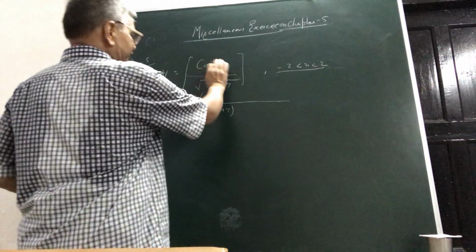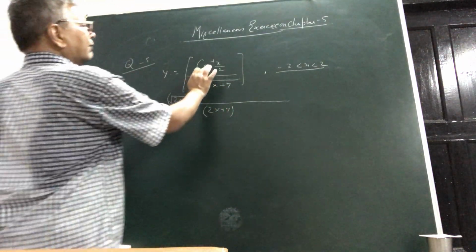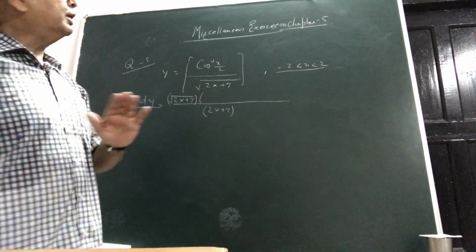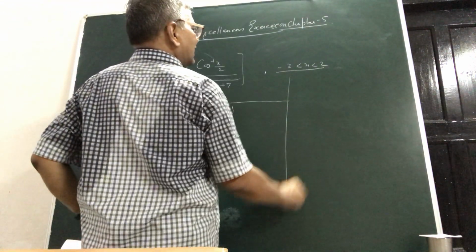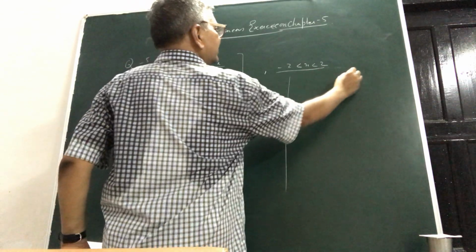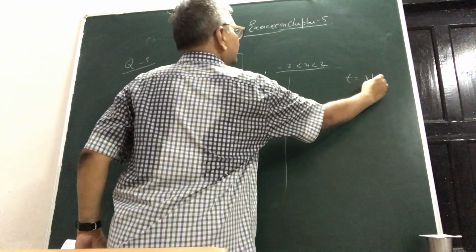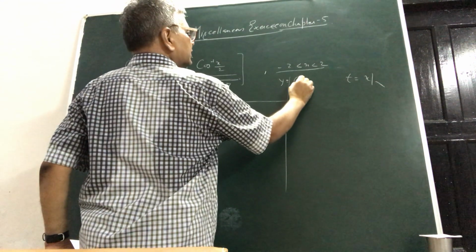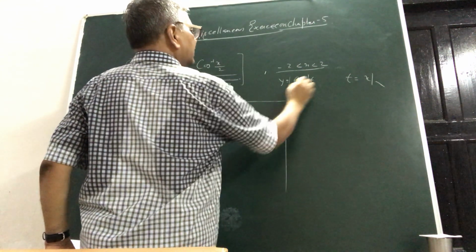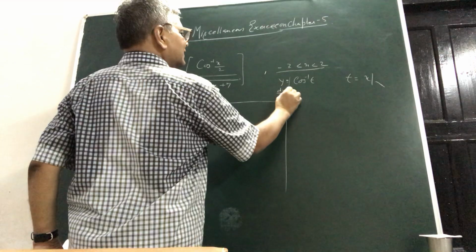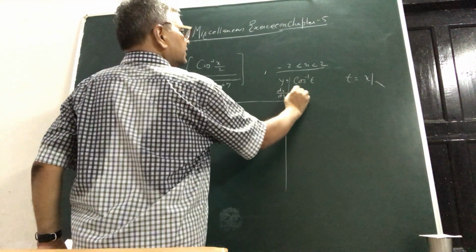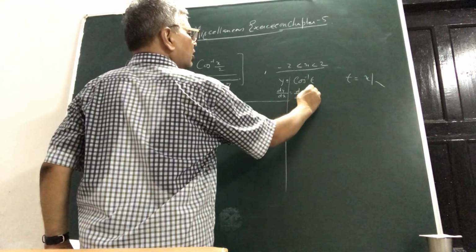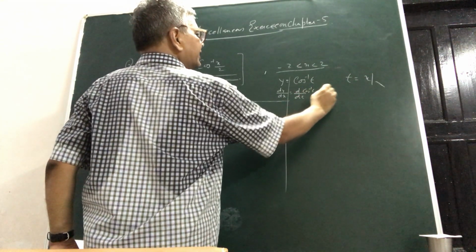So now straight away I am writing it out. But if anyone amongst you has not understood, then the method would be like this only: you put t is equal to x by 2, and you find the differentiation of cos inverse t. So dy by dx here will be, by the composition formula, d by dt cos inverse t into dt by dx.